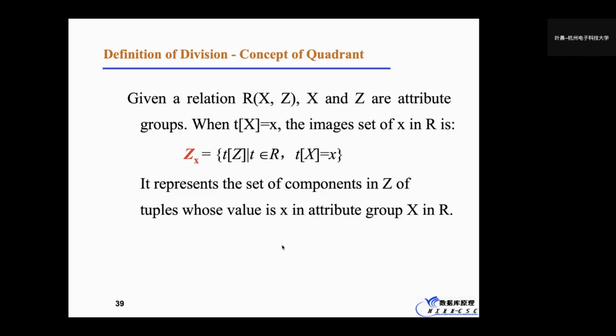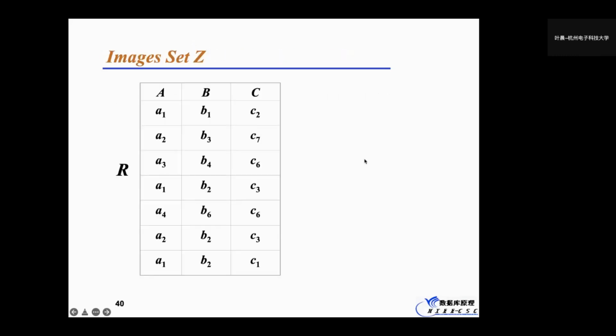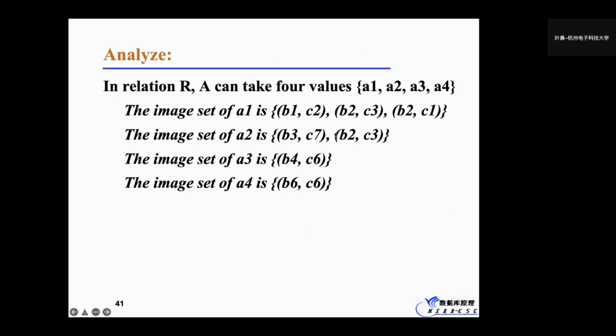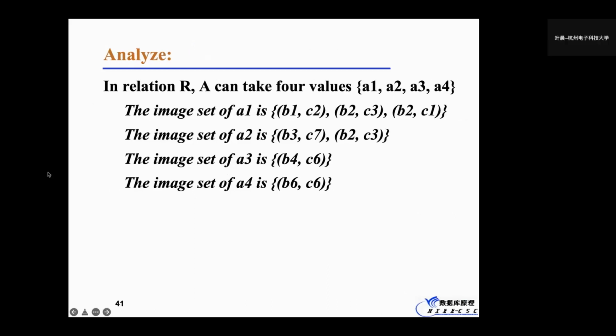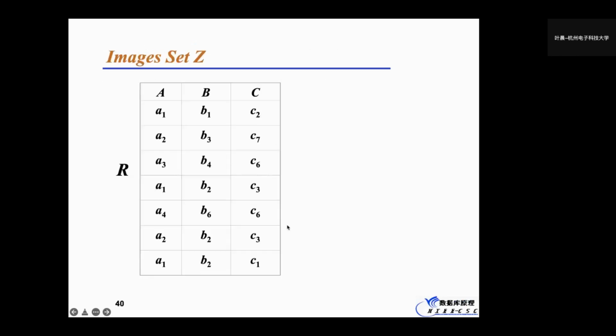So for example, if we have these three attributes and the image set Z, in each relation R, A can take four values: A1, A2, A3, A4. Here we can see B can take these three combinations, and A1 has these combinations.